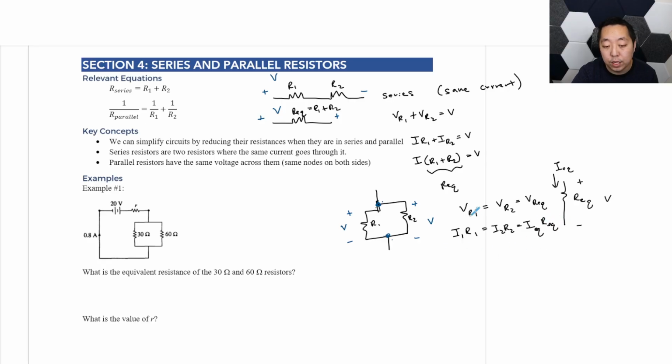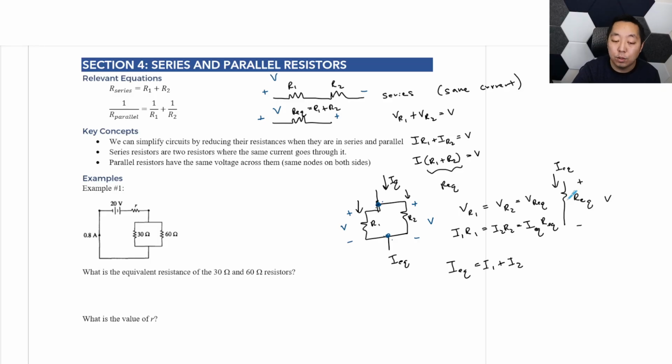This is what we know: the voltages have to be the same. Now, in our analysis, the I equivalent should be the same as the total current going through these, because I'm replacing them with a single resistor. Whatever comes in here has to split off into I1 and I2. In other words, I equivalent has to equal I1 plus I2. The currents have to add because the current through this thing has to be the same as the total current going through both those resistors.